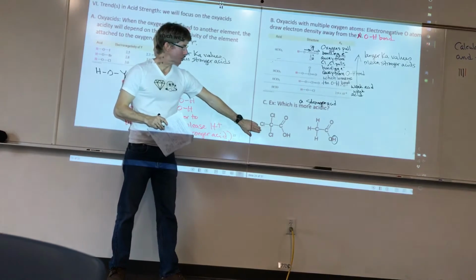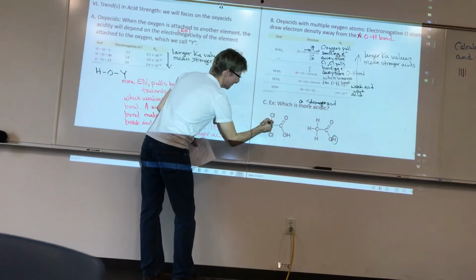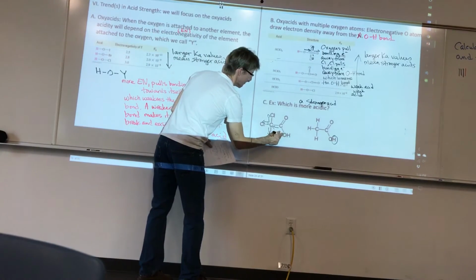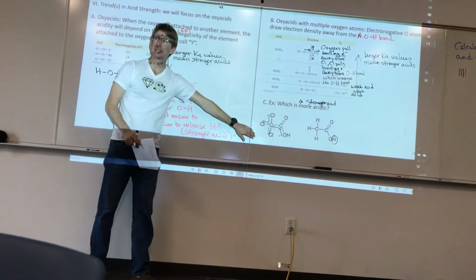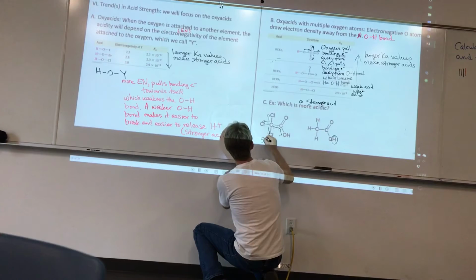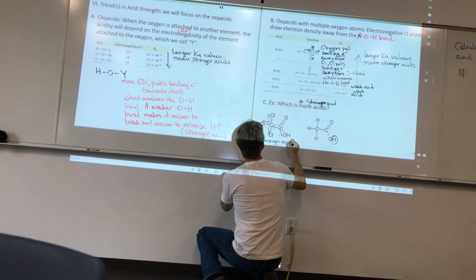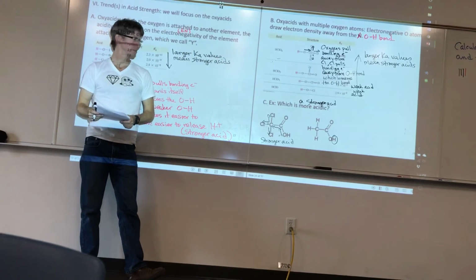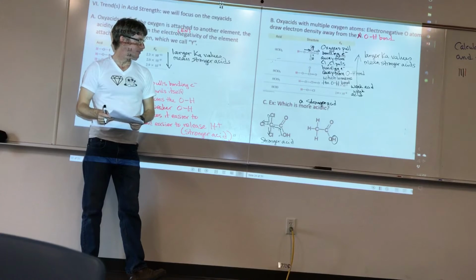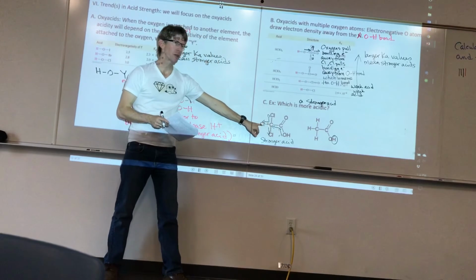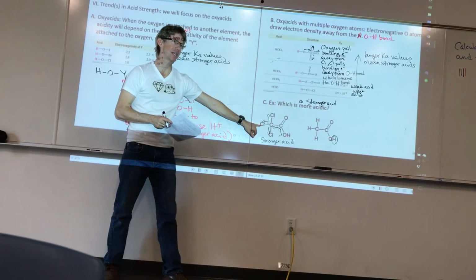What I'm suggesting is that these chlorines will pull electron density, and that this is the stronger acid. And that is what seems to be true. And in this particular case, we have the OH bond down here, 1, 2, 3 atoms away, affecting the strength of the acid.